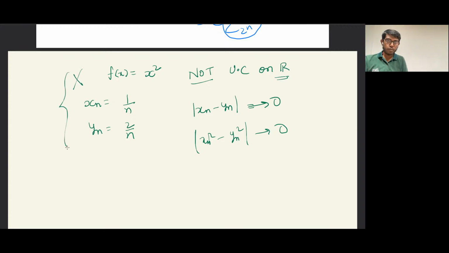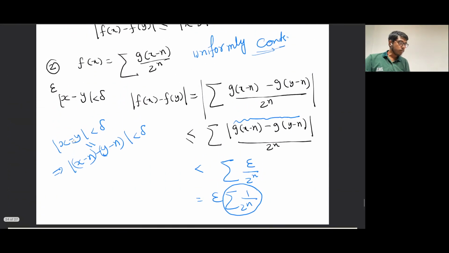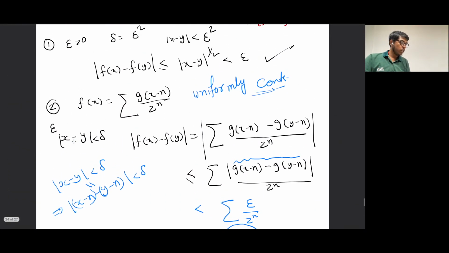Therefore this option is false. It was written there exists. So the right statement would be: for every xn and yn, if the difference between xn and yn converges to 0, and f of xn minus f of yn converges to 0, then f is uniformly continuous. Okay, so yeah, it is clear.